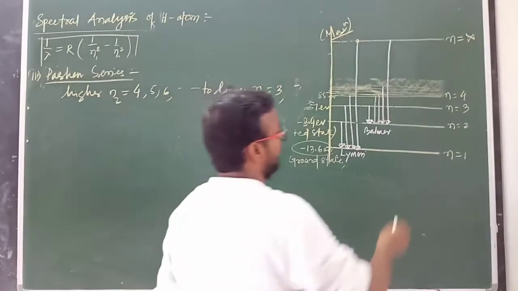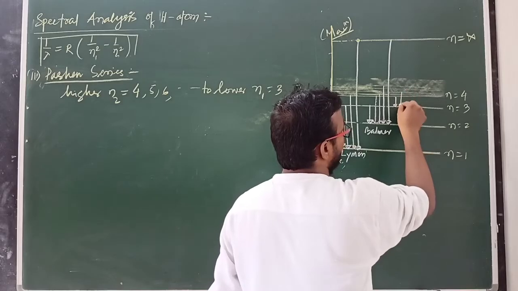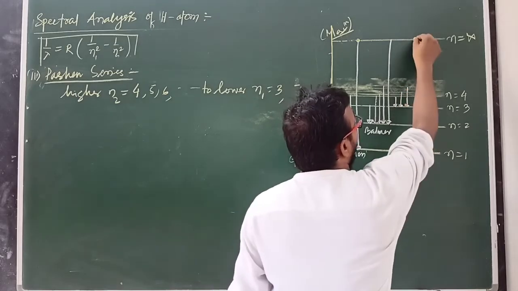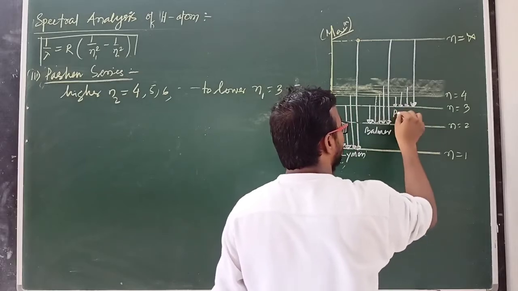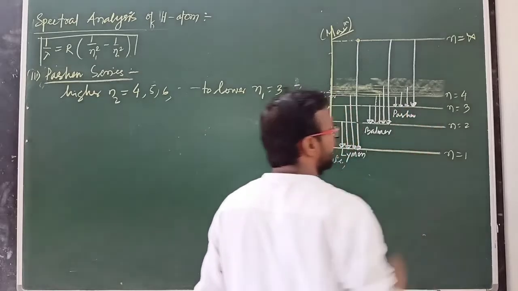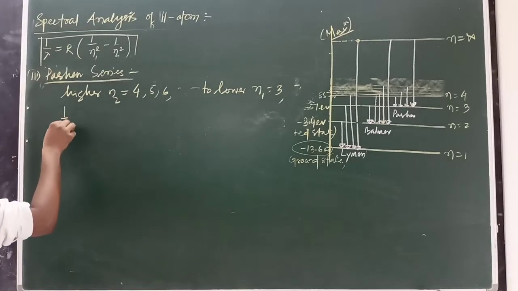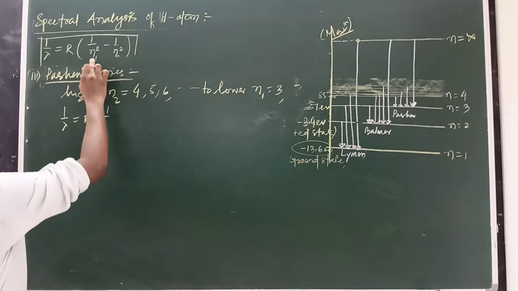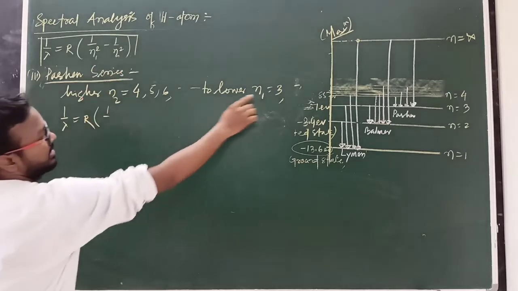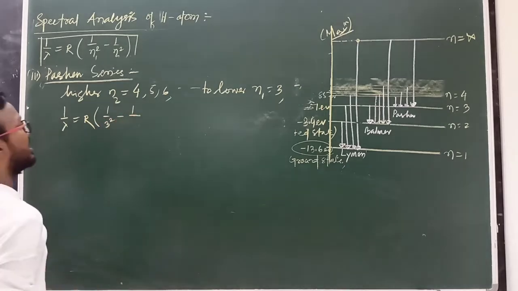So from this energy level diagram, the electron jumps from 4 to 3, 5 to 3, 6 to 3 and infinite to 3, and this region is known as the Paschen series. So in this case we can write 1 by lambda equal to R into 1 by N1 square, N1 is here 3, so 1 by 3 square minus 1 by N2 square.